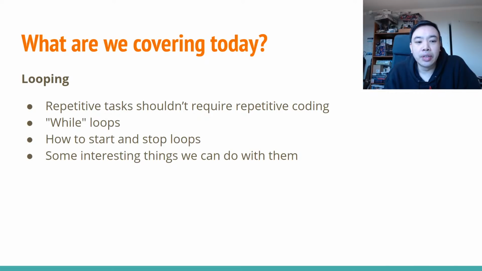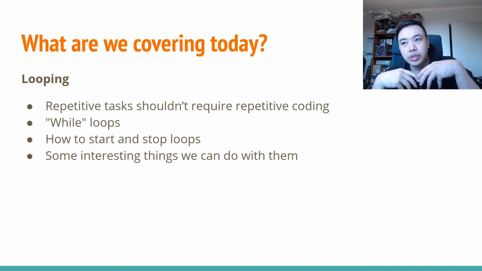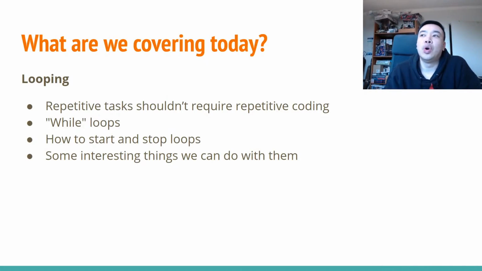It's the idea that if we have repetitive tasks, if we have a program that wants to do the same thing multiple times, or very similar things multiple times, then we really shouldn't be writing the code more than once. We should have a structure so that the same piece of code can run more than once. We're going to use the structure which is in programming called a loop. There are many different types of loops in programming, and we're going to look at the simplest form of loop that exists, which is called the while loop.